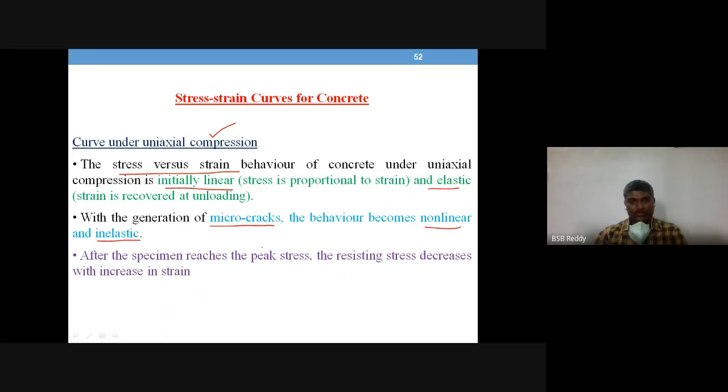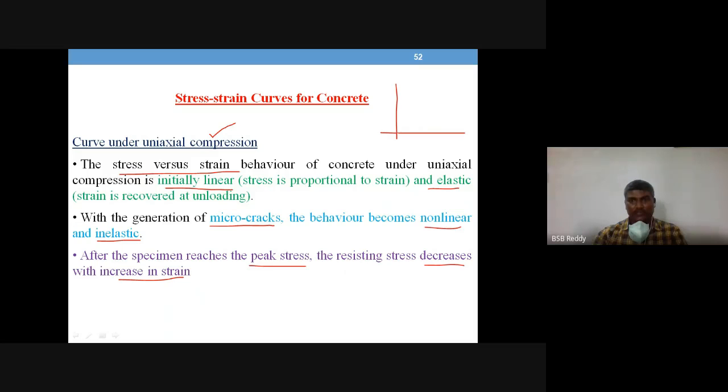So when you draw the stress strain curve of concrete, you will draw a linear line and then a non-linear line. Okay. And after the specimen reaches the peak stress, the resisting stress decreases with increasing strain. Such a curve you will be drawing something like this.